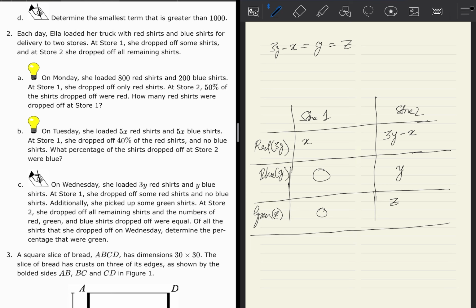And we have to determine the percentage that is green. From the second two terms we can see that if Y is equal to Z, we can write Z as Y. So this reduces the number of variables. Instead of 3 variables we have 2 variables. Now let's see if we can do something about the X.